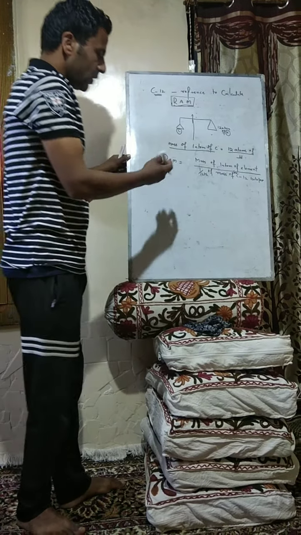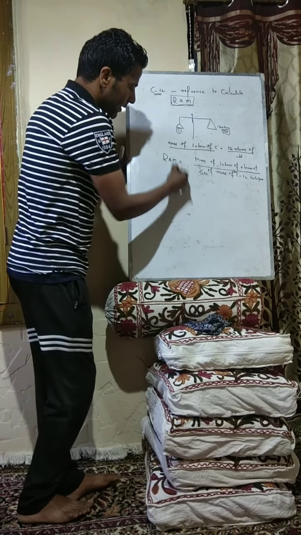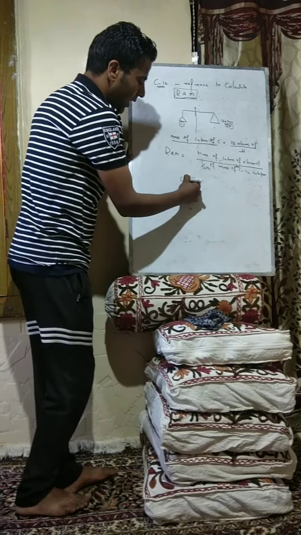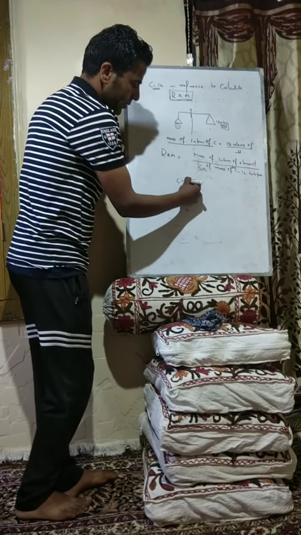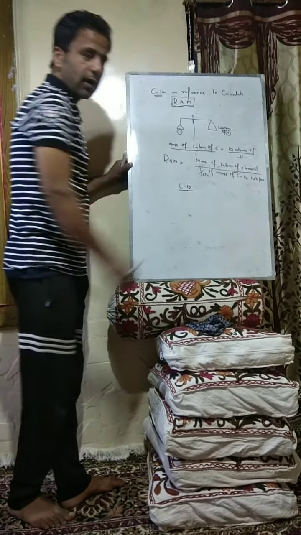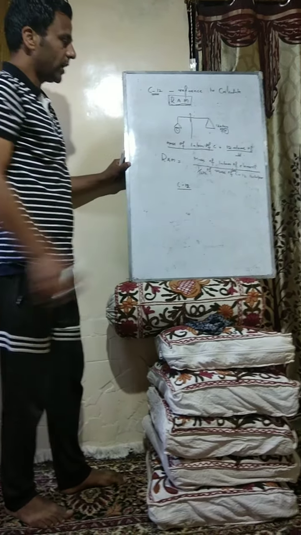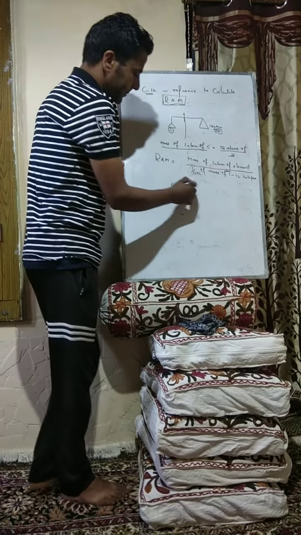Let's use this for carbon. Since we know carbon 12 is an isotope of carbon, how can we calculate the relative atomic mass? Let's see.